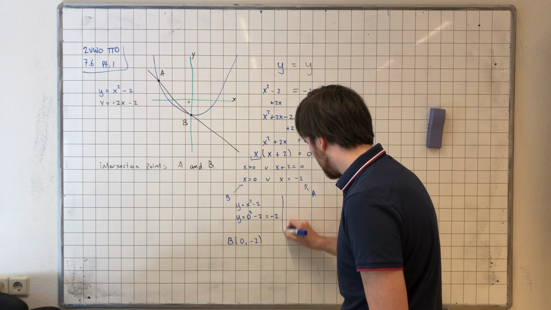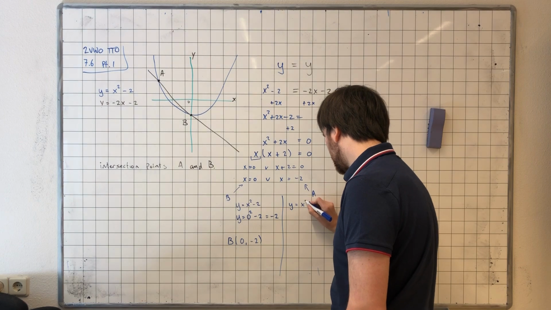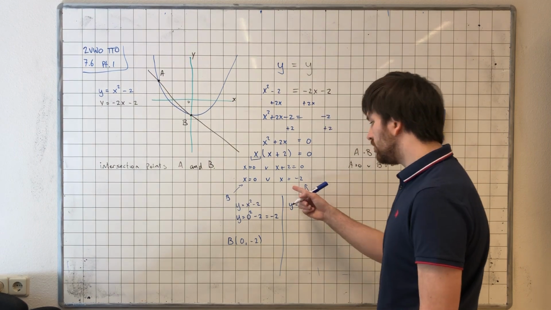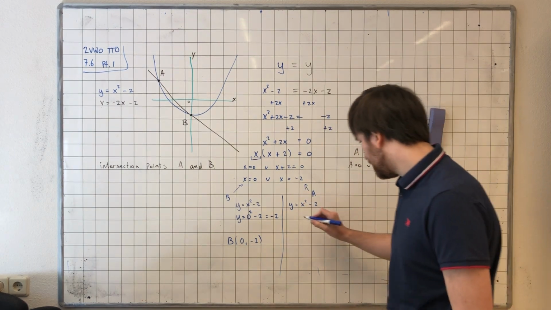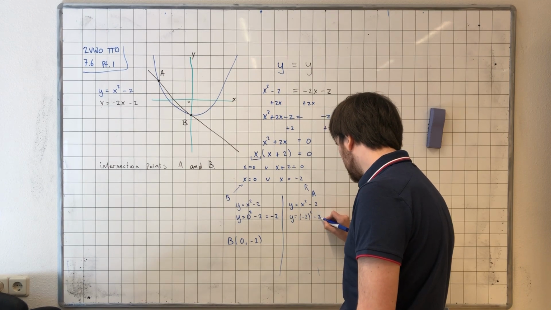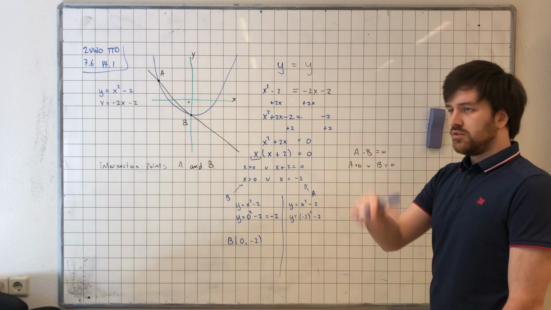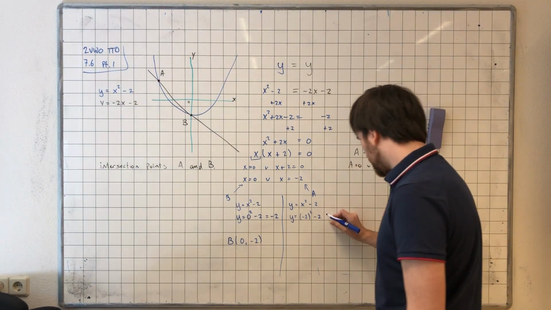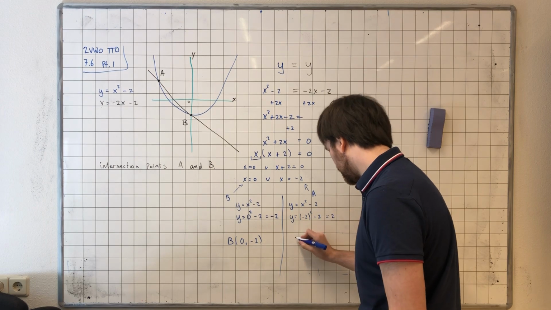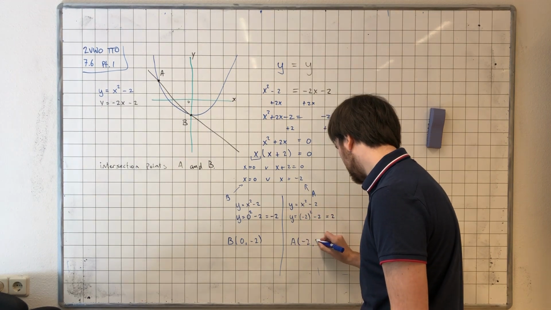Let's do something similar for A. We take the same formula, y equals x squared minus 2, and fill in minus 2. Minus 2 squared minus 2: minus 2 squared is 4, and 4 minus 2 is 2. So the coordinates of A are minus 2 and 2.